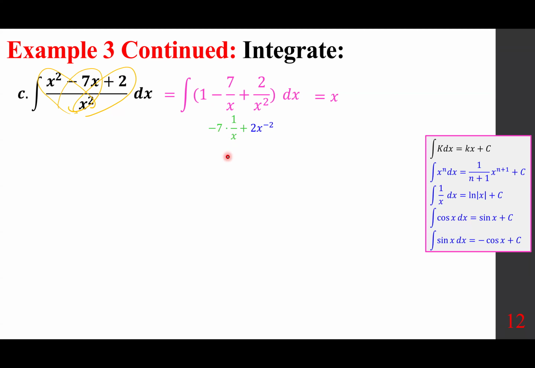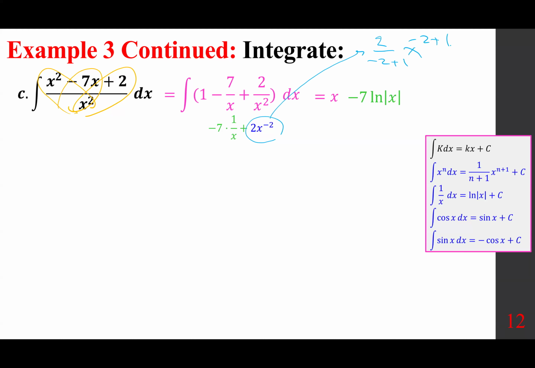Now 1 over x is a natural log, so minus 7 ln of absolute value of x. Now this one, I want to work on this one. 2 over negative 2 plus 1, x to the power of negative 2 plus 1.